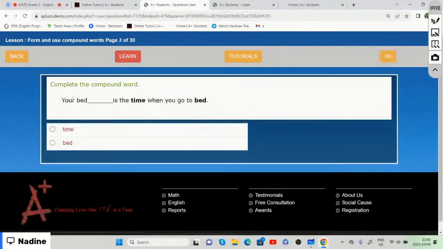Your bed is the time when you go to bed. Is it your bedtime or your bed? This is the time when you go to bed.